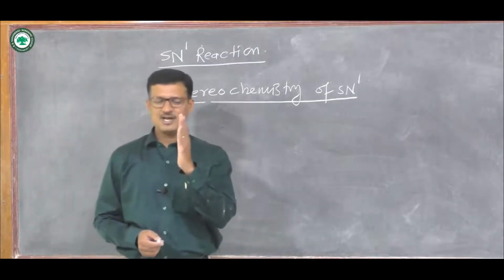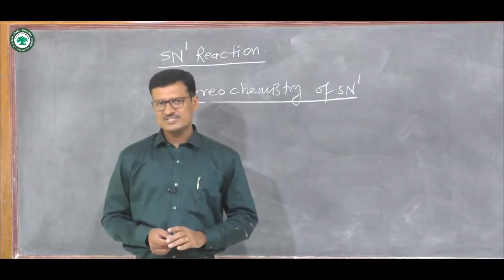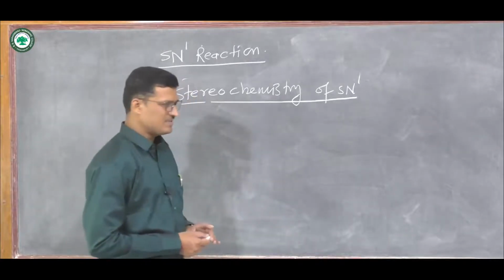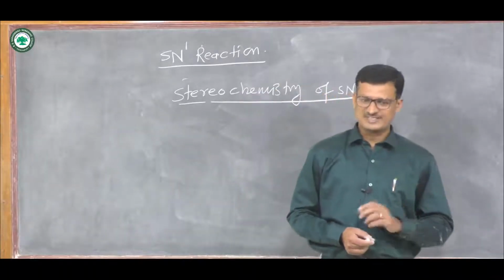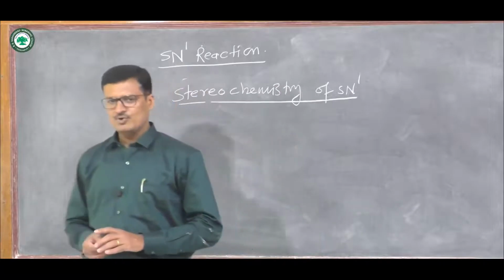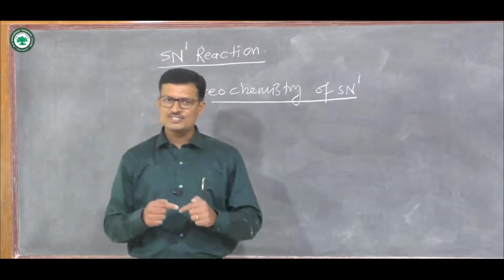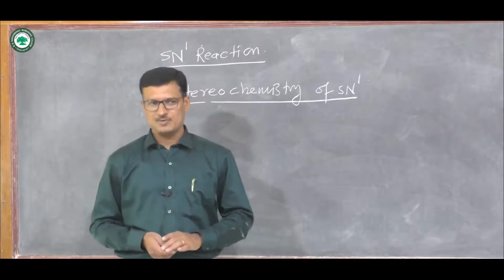Once your planar carbocation is formed, then attack of nucleophile takes place from both sides in equal proportion, meaning attack from the front side as well as attack from the back side. And when theoretically the attack of nucleophile takes place from both sides, then there is a formation of inverted product and retention product.